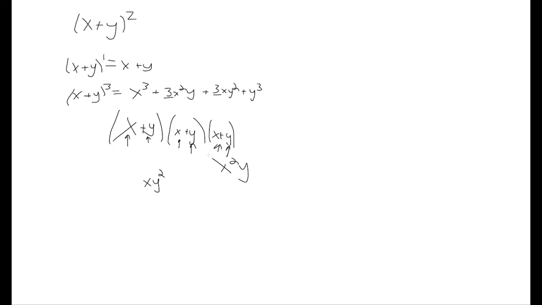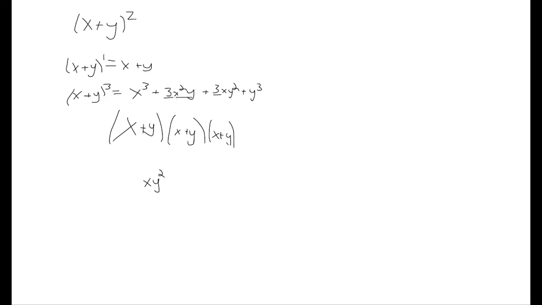That's just one of the ways to make an x squared y from these. It could switch order. Maybe different ones are x's and different ones are y's, right? So there are different ways to produce different terms.